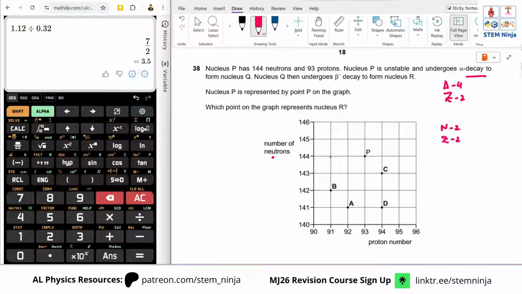So the number of neutrons would decrease to 142 and the proton number would decrease too. This is the first step due to the alpha decay. And now we need beta decay. In beta negative decay, one neutron decays into an additional proton. So one neutron decays, but the proton number would increase. So this would be this one, A.